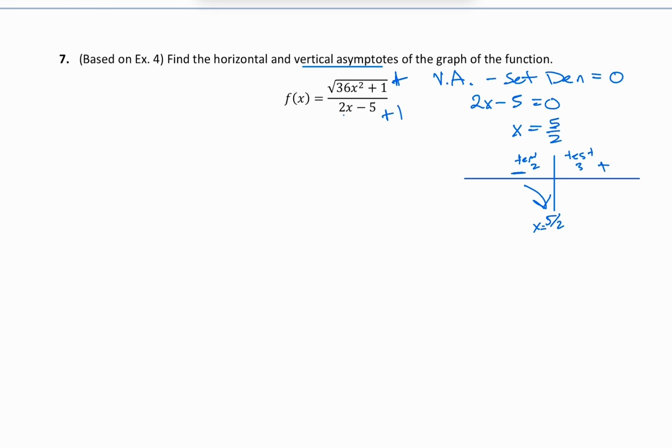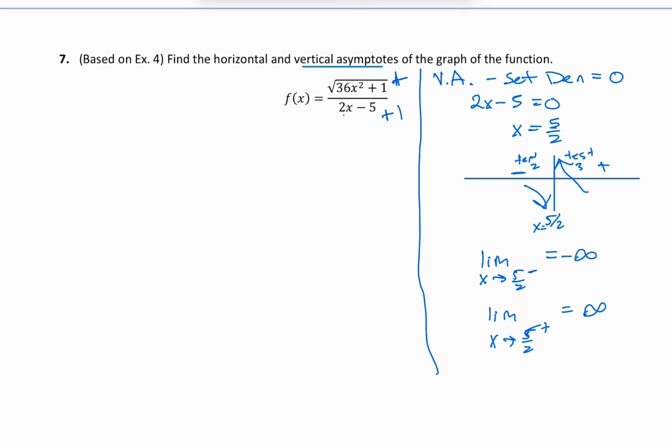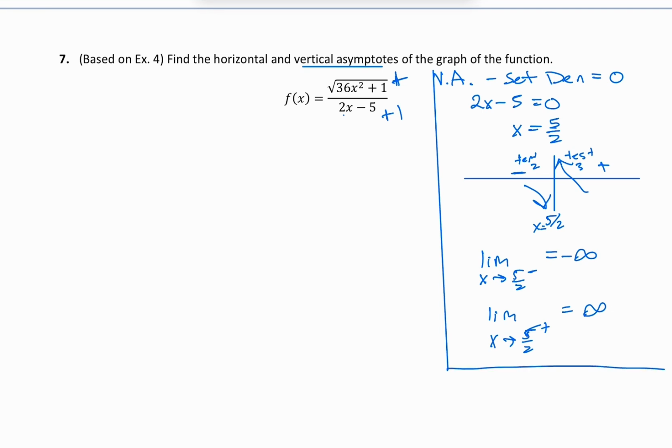So this is positive, which must mean my asymptote is going up on the right. So the limit as x approaches 5/2 from the left equals negative infinity, and the limit as x approaches 5/2 from the right is equal to positive infinity. So that's my vertical asymptote information.